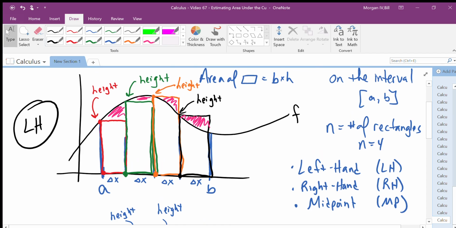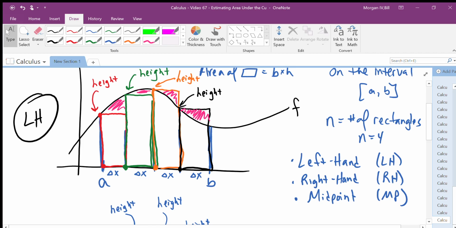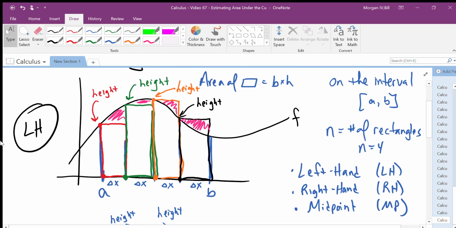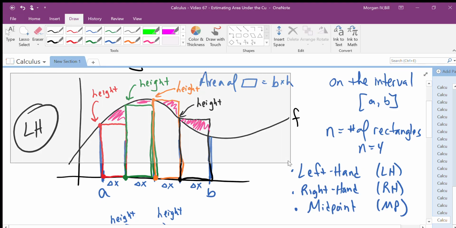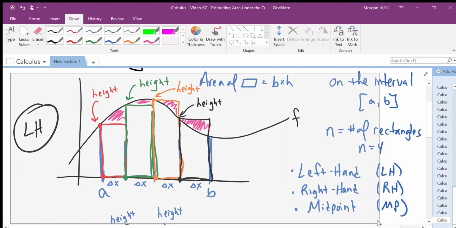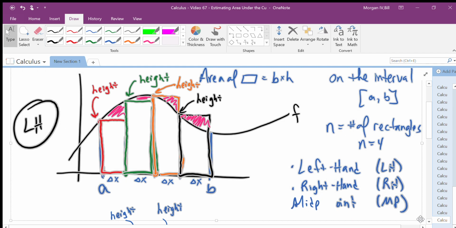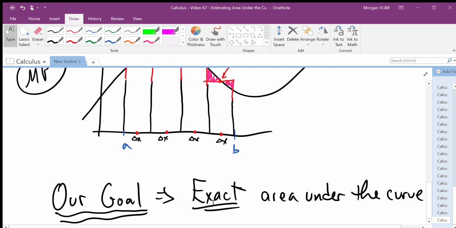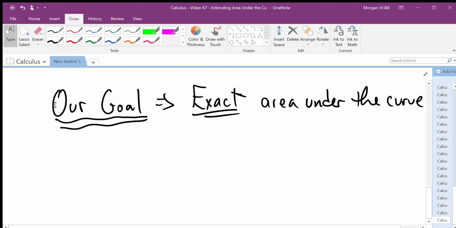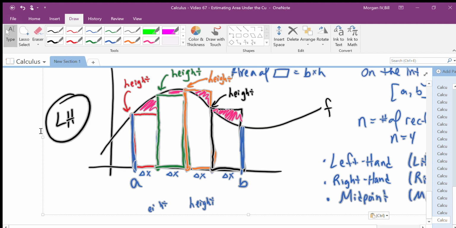Let me go back to our very first one here, the left hand. And I don't know, maybe I can copy and paste it down below. Let's see if it'll let me. Okay, not bad.